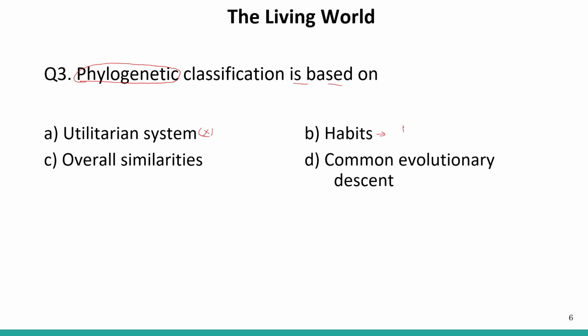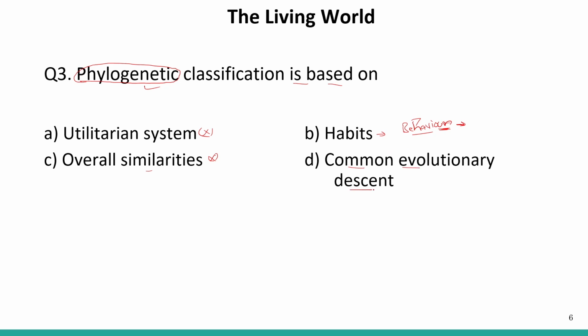Habit means the behavior of the organism, or the morphological structure. Now third option is overall similarity. This is also not true. If we talk about morphology, then we can say overall similarity. But here they are asking about the phylogenetic classification. So what should be the answer here?